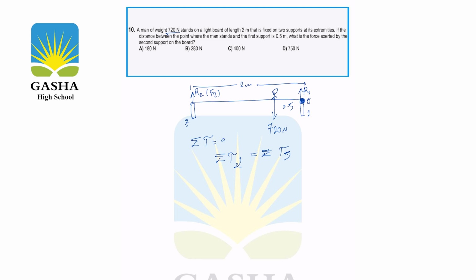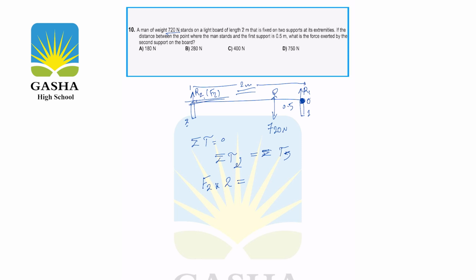Here we have three forces, but two of them produce a torque. R1 doesn't produce a torque because it passes through the axis of rotation. So two forces are left, 720 and R2. These two forces produce a torque. Let's find the torque for each one of them. F2 or R2 is 2 meters away from the axis of rotation.